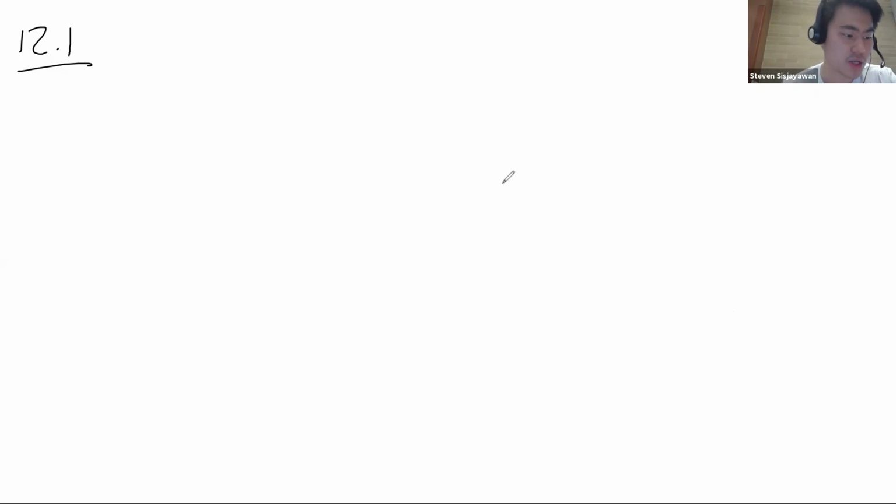Let's start off with this equation right here. Let's say we're given the equation x squared plus y squared is equal to 9, and a question says to graph this equation. As Joe mentioned in Monday's lecture, you can't really do that without the context of the situation or the question.